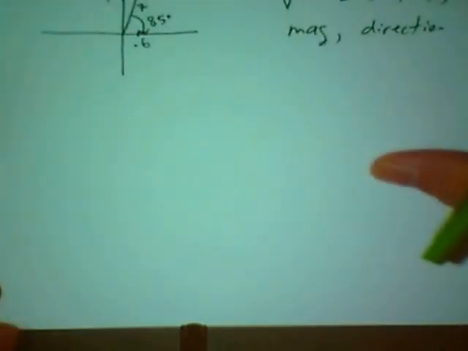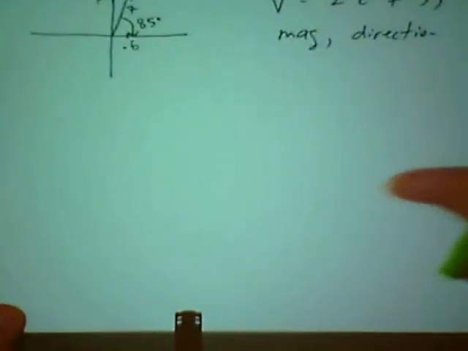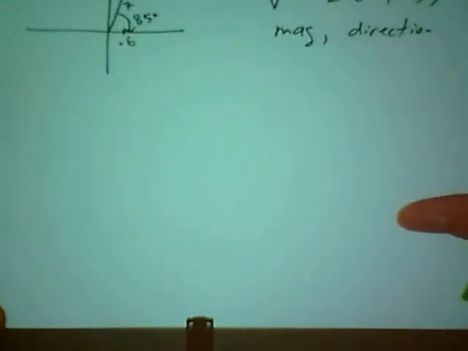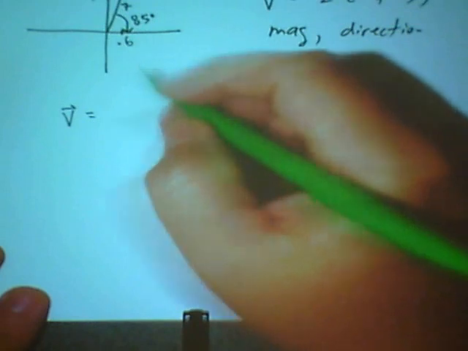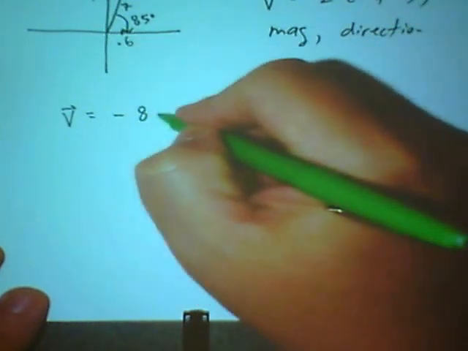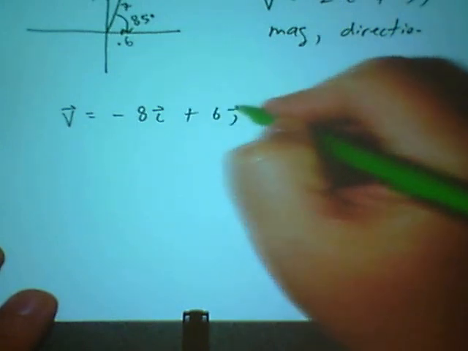Now, here's a second kind of problem. Number 12 is where they give us the vector v in ij form, minus 8i plus 6j.